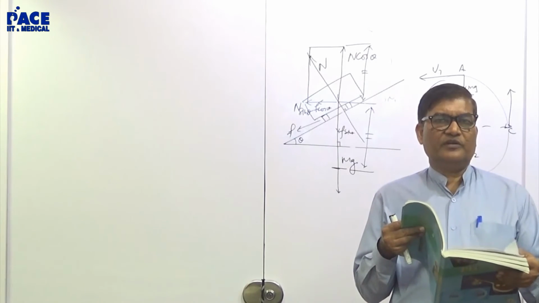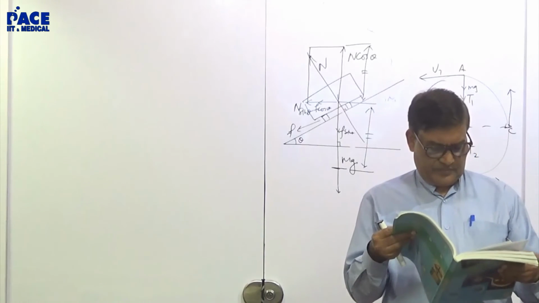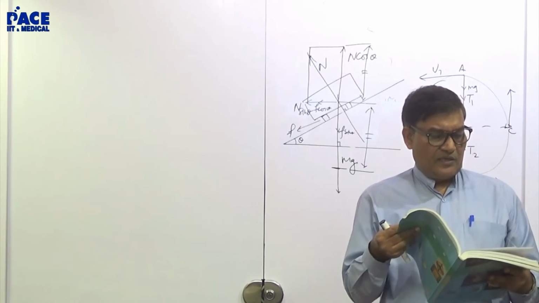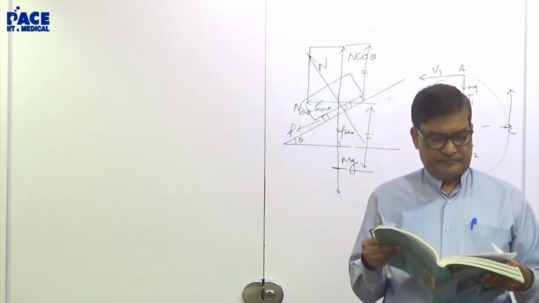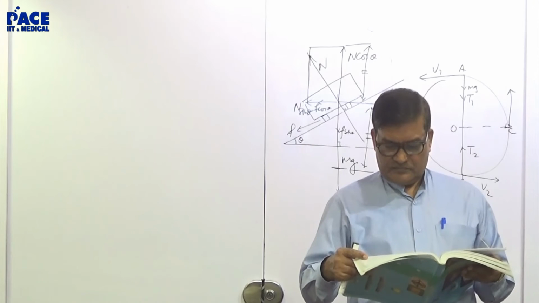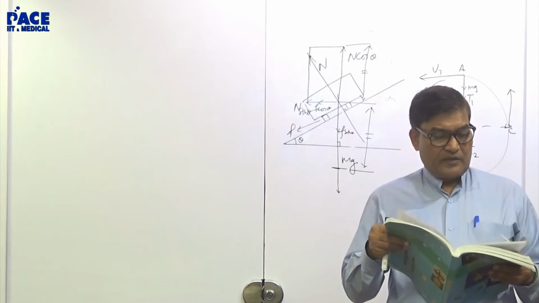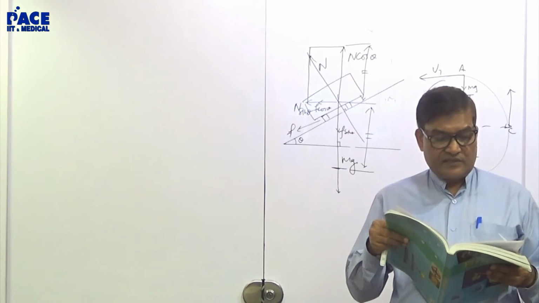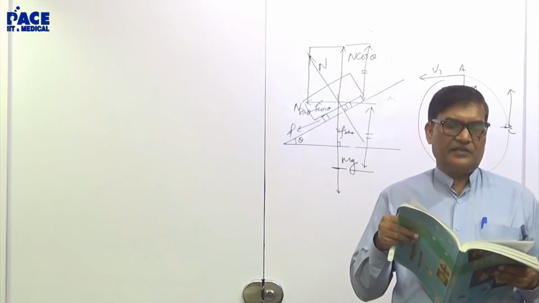Topic number 16.10, page 270. Power in AC circuit with resistor. You can take second also: power in AC circuit with inductor, capacitor and resistor in series.